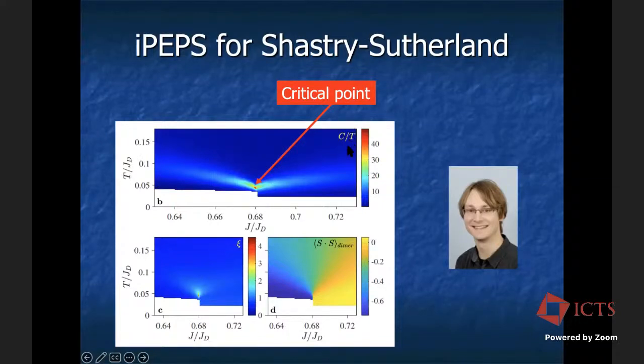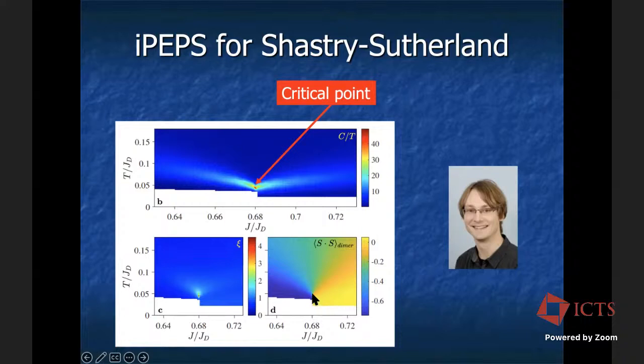And looking at the specific heat over T, in the plane of temperature and coupling constant, there is clearly a maximum here. The maximum can be shown to be consistent with an Ising transition. And the physics of this point is really that of a critical point terminating a first order transition, as shown here. The spin-spin coupling on a dimer is actually jumping across this line that terminates here from being very negative to being about zero.